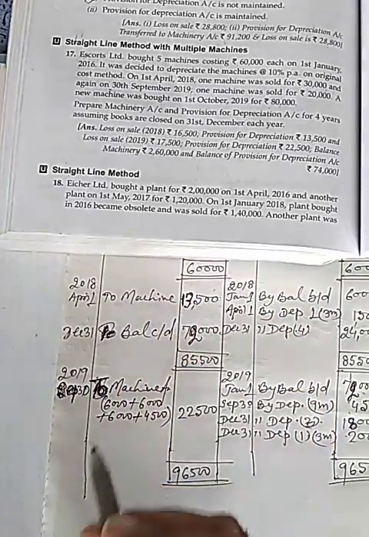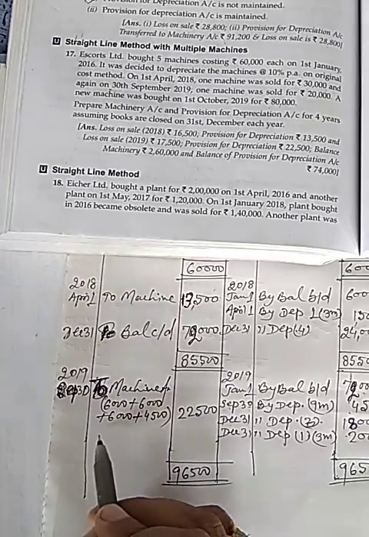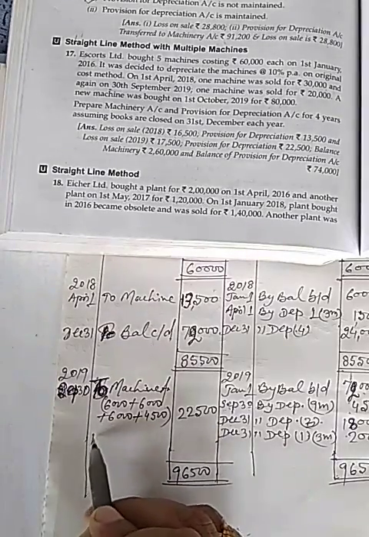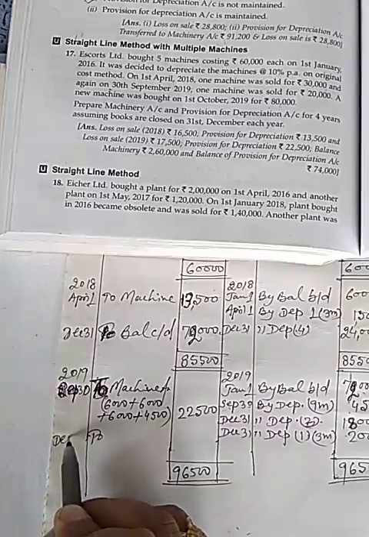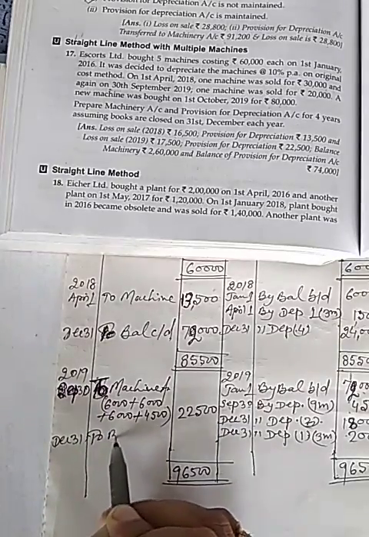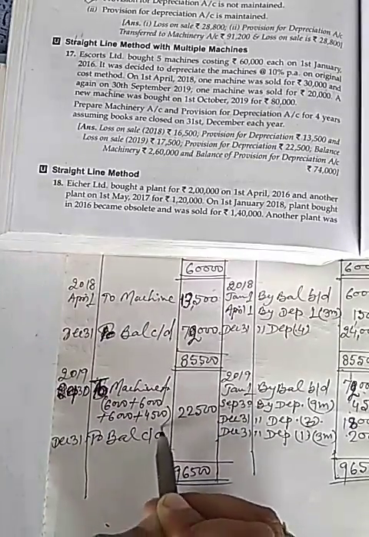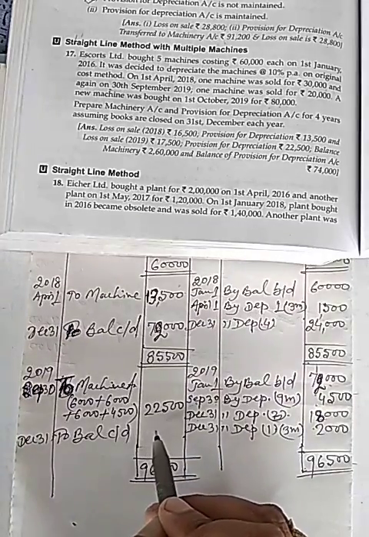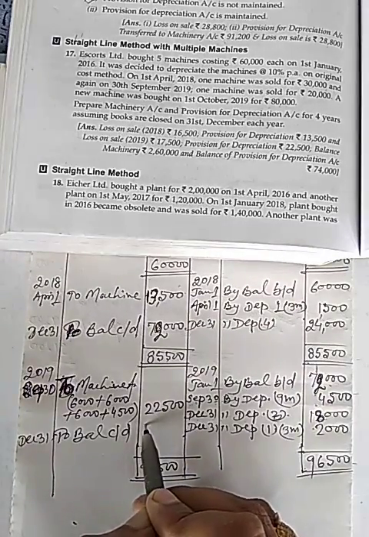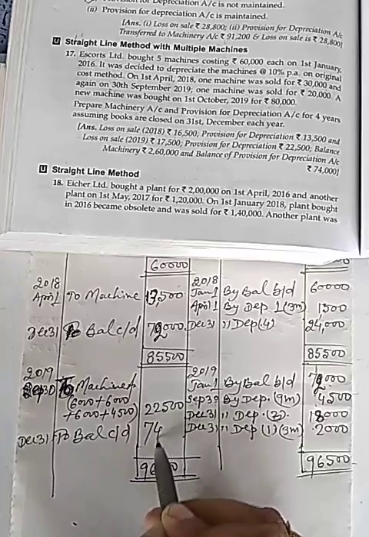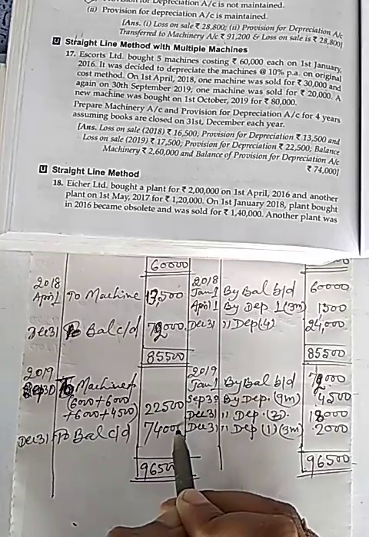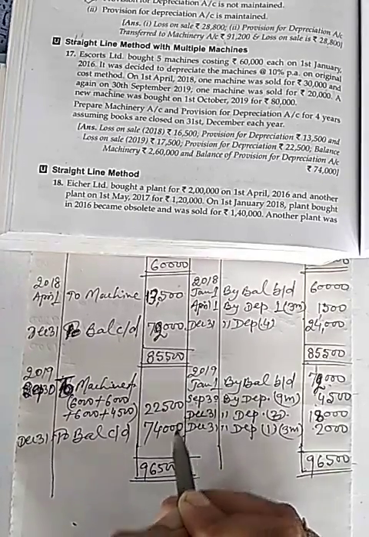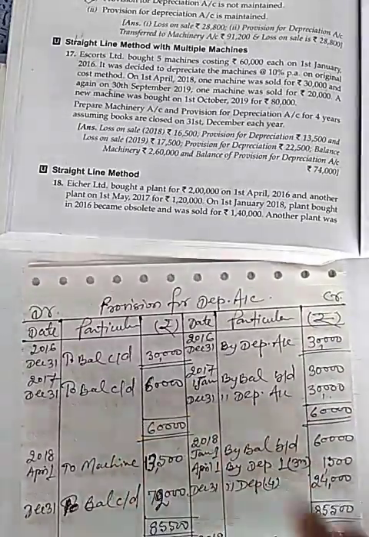Now student, the remaining balance on December 31st to balance C/D will be 74,000 of the provision for depreciation account.